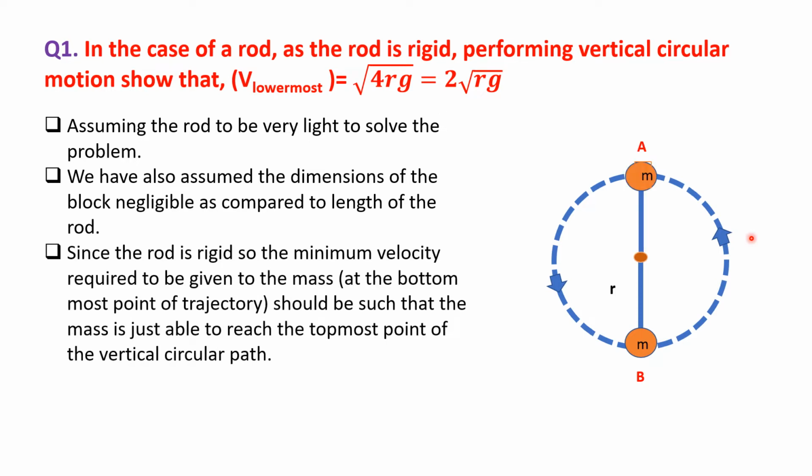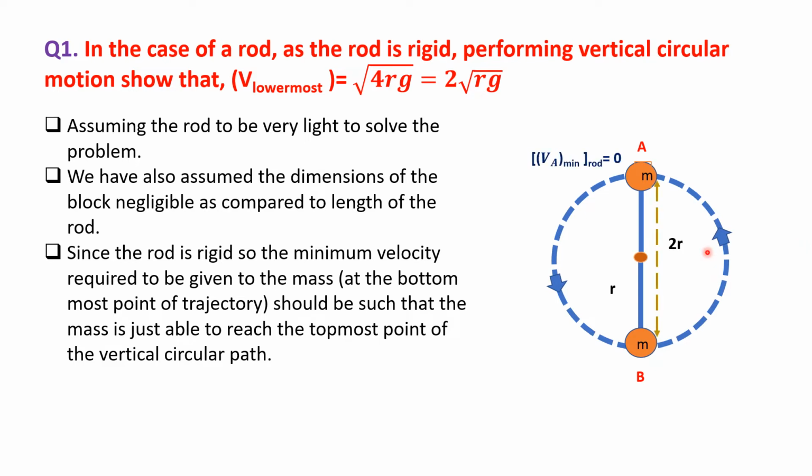Now, since the rod is very rigid, the minimum velocity required to be given to the mass at the bottommost point of the trajectory should be such that the mass is just able to reach the topmost point of the vertical circular path.